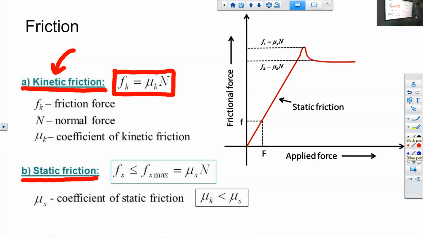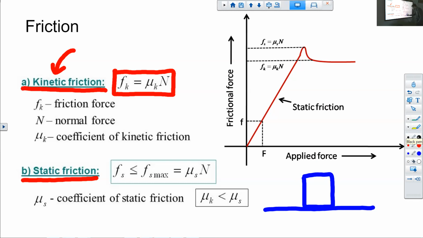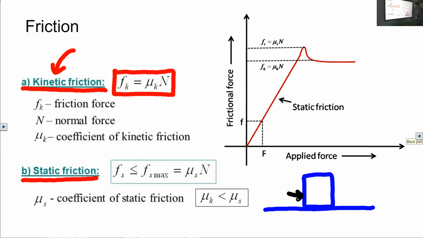Imagine this. Imagine a box resting statically on a table. If I apply a little bit of force to that box, I might not be able to move it. I might not have applied enough force to move the box. Therefore, friction does not have to work as hard as it possibly could in order to stop the box from moving. So here's the idea.